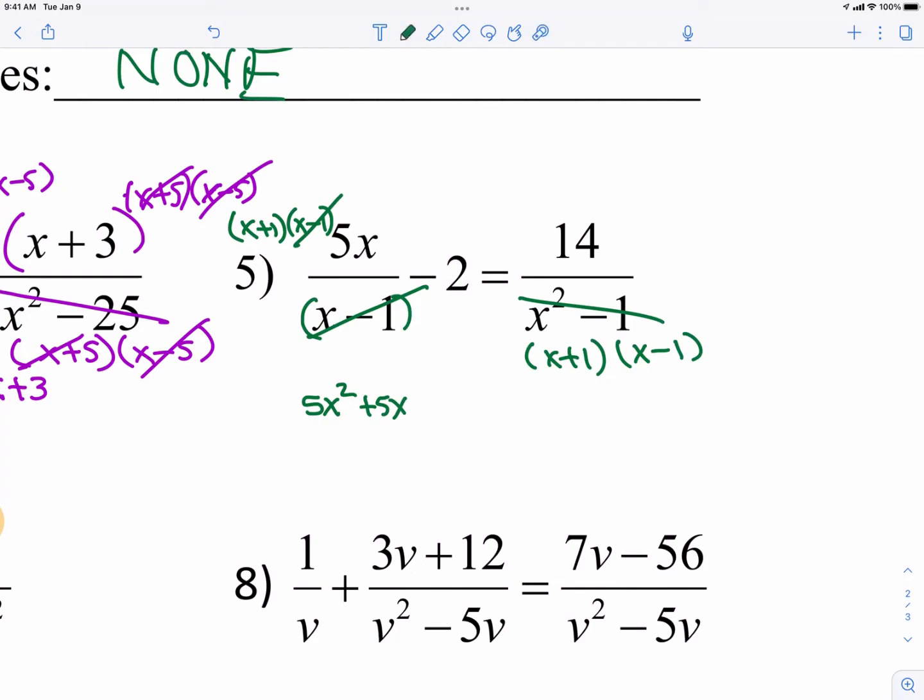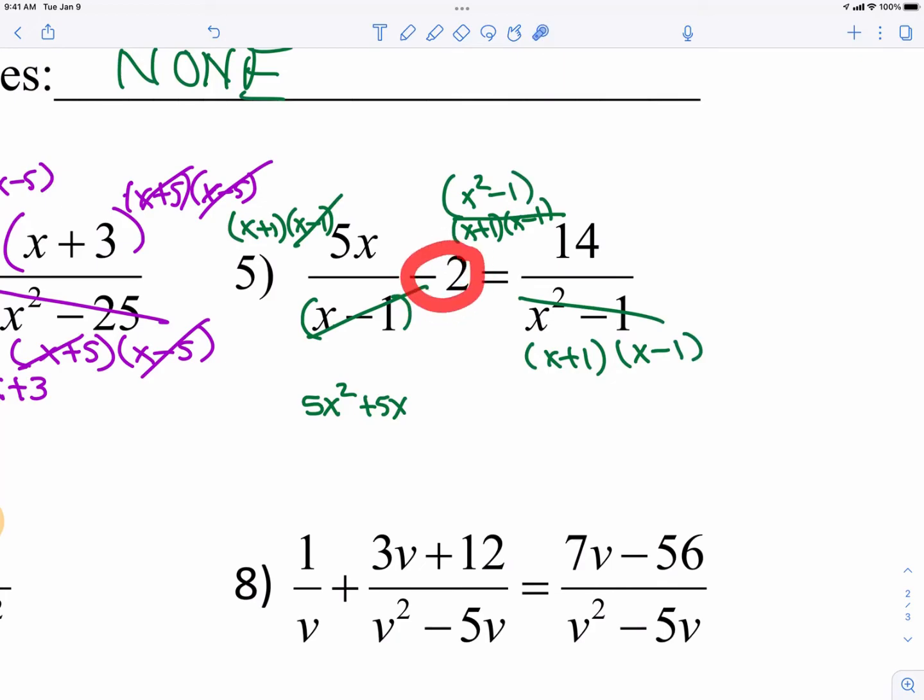Now we'll multiply the negative 2 times x plus 1, x minus 1. And of course, when you distribute the x plus 1, x minus 1 back together, then that becomes x squared minus 1, and then go ahead and distribute that with the negative 2.